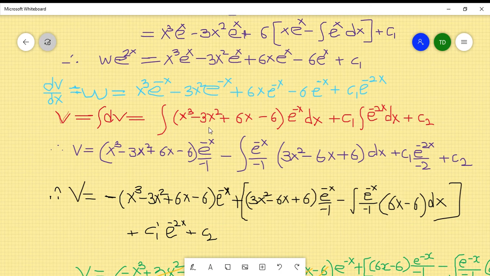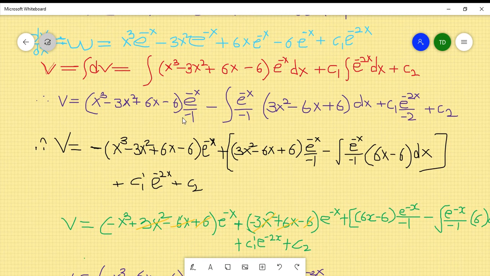This bracket is an algebraic function, so it will be given first preference. So we get v is equal to the bracket as it is into integration of e raised to minus x, which is e raised to minus x upon minus 1, minus integration of this function, whatever we got here, we are just putting it, and the derivative of the bracket is 3x square minus 6x plus 6, and integration runs with respect to x, plus c1 as it is, and the integration is e raised to minus 2x upon minus 2 plus constant of integration.